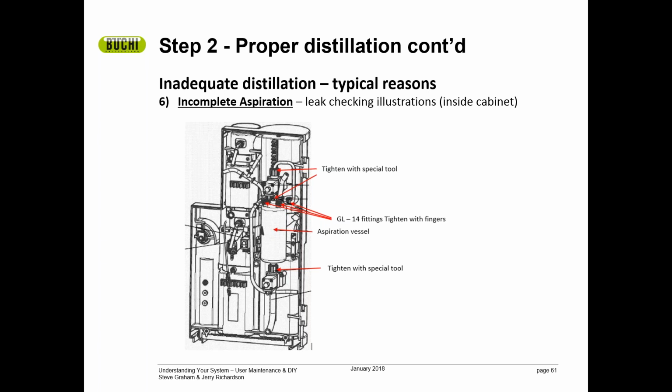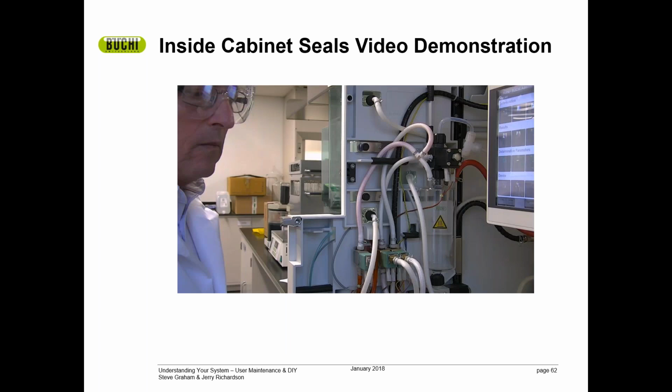It's a little bit difficult to see all of the seals, but there's typically one or maybe two seals on the top or the bottom of the aspiration vessel. And we're going to take a look at the video to see which seals we're going to look at and pay attention to.